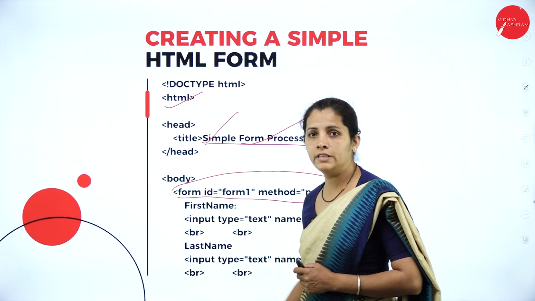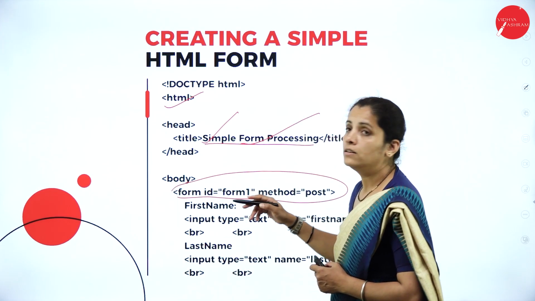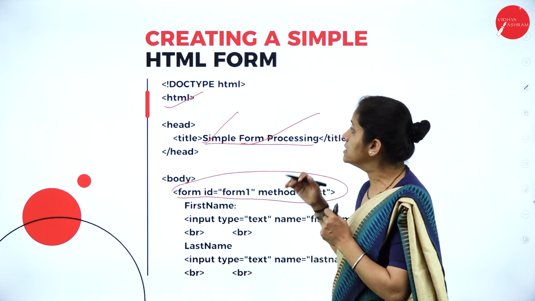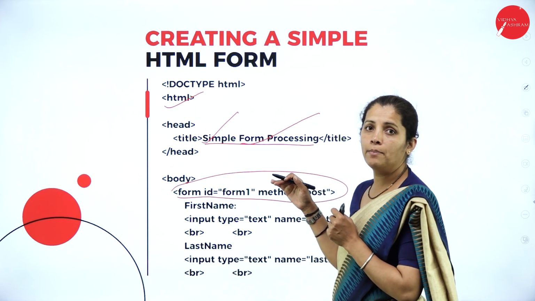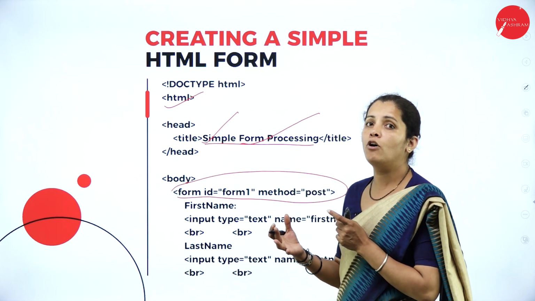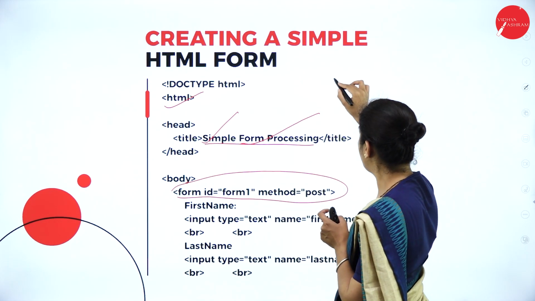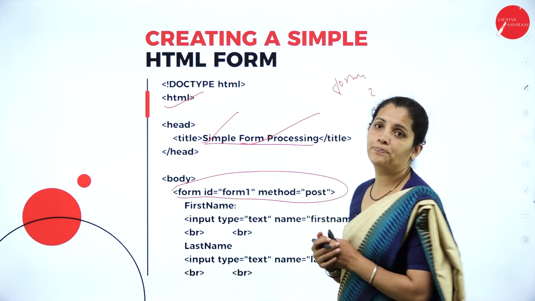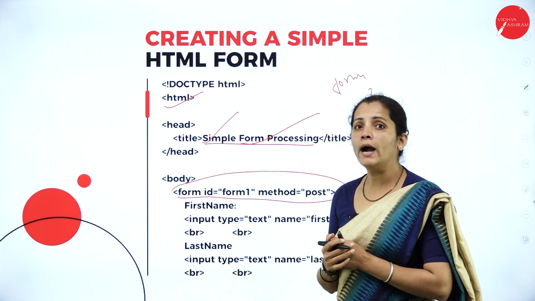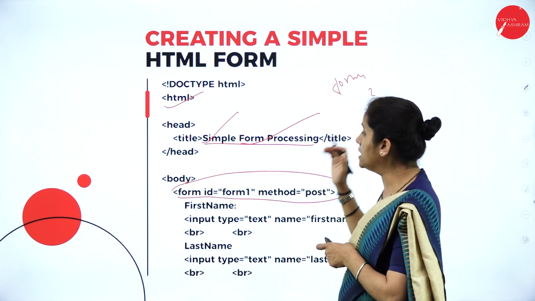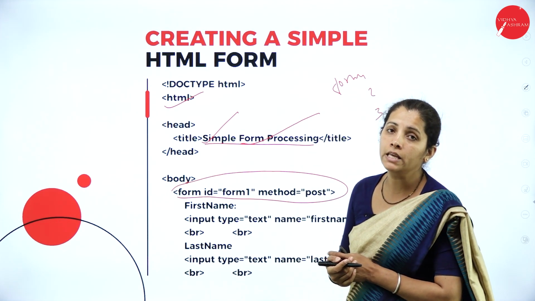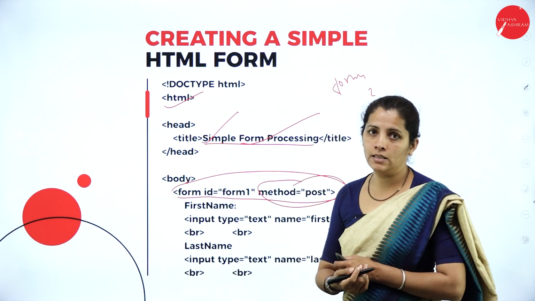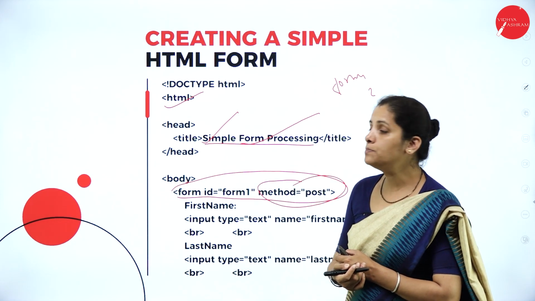I want to specify the ID, because in one single HTML I can include multiple forms, for example form 1, form 2, and form 3. I want to identify these forms uniquely, and for that I'm going to have the ID.